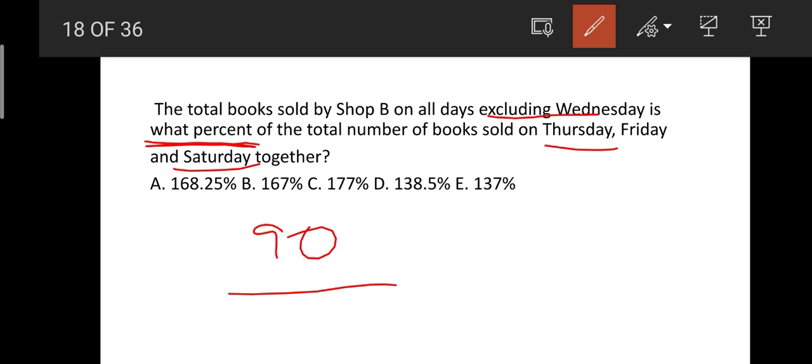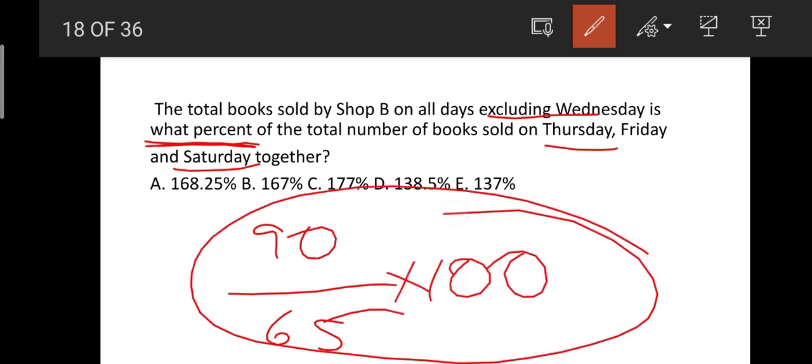The total number of books he has sold on Thursday, Friday and Saturday altogether is 65. If you take this as a percentage, we should multiply it by 100. Approximately you will be getting 140%. So the nearer value to 140 is 138.5, that is option D.